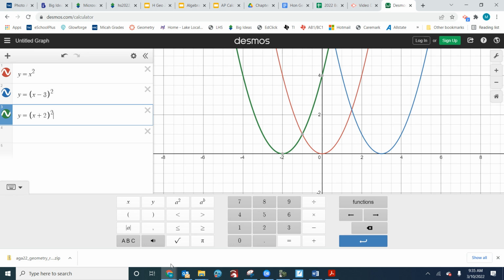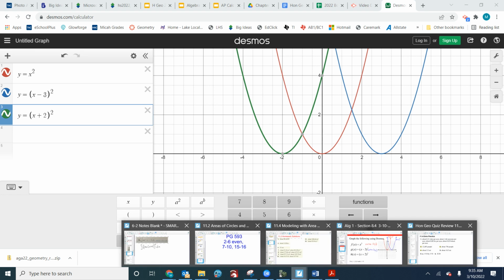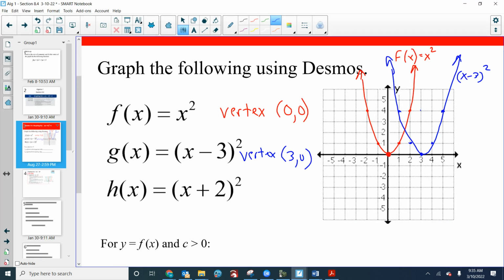From my original vertex, x plus 2 is going to move my vertex. What's my vertex now? Negative 2, 0. Okay? So from my original, I'm going 2 to the left.